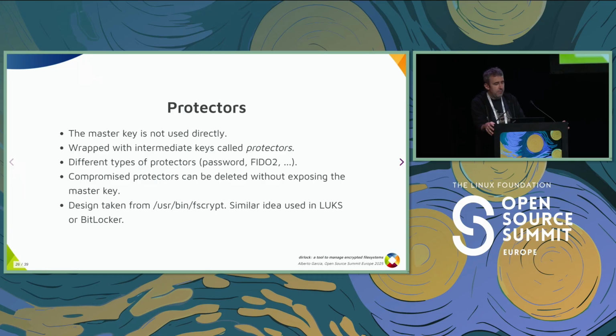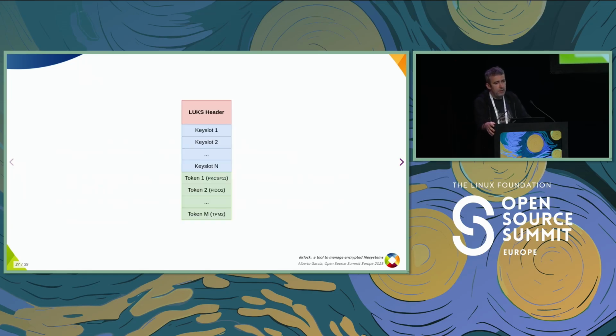The basic design and even the terminology is taken from the fscrypt tool, but the basic idea of having intermediate keys to protect the master key is a much older thing and has been used in LUKS and BitLocker and other tools. In the case of LUKS, the header doesn't store one copy of the master encryption key, it has several copies of the key, and they are encrypted with intermediate keys that are generated using the user password or other mechanisms.